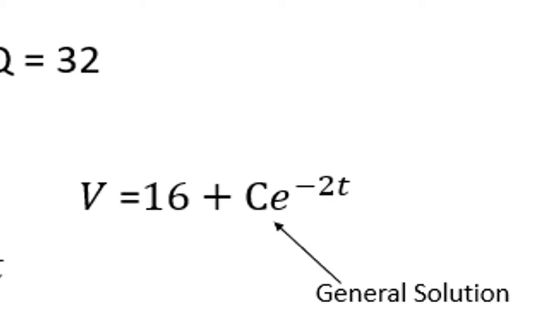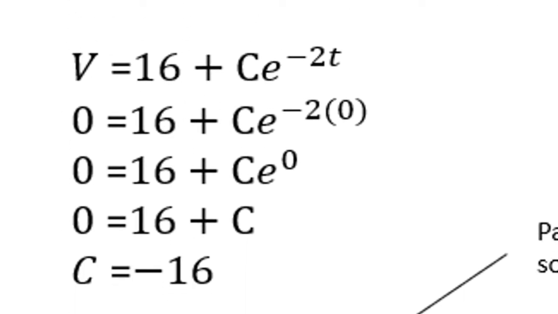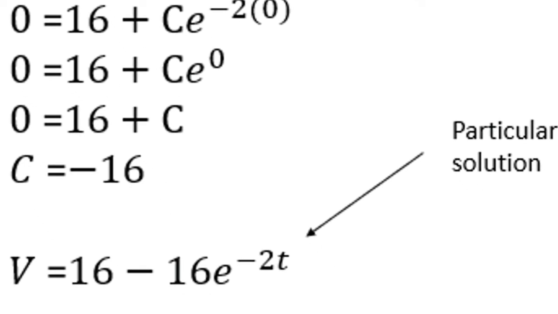We set t and V equal to 0. Once we substitute, we get C equal to negative 16. Substituting negative 16 for C in the general solution, we get V equal to 16 minus 16 e to the power of negative 2t. So this is the particular solution.